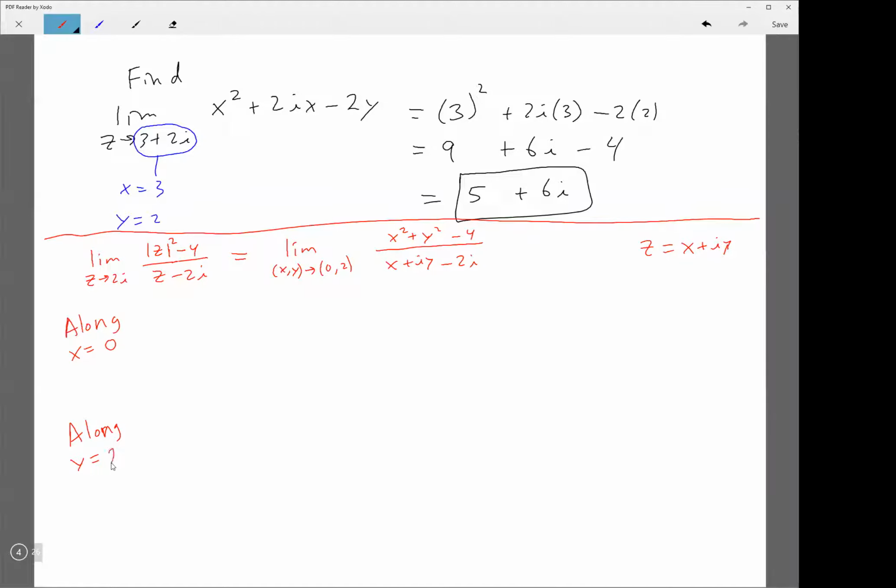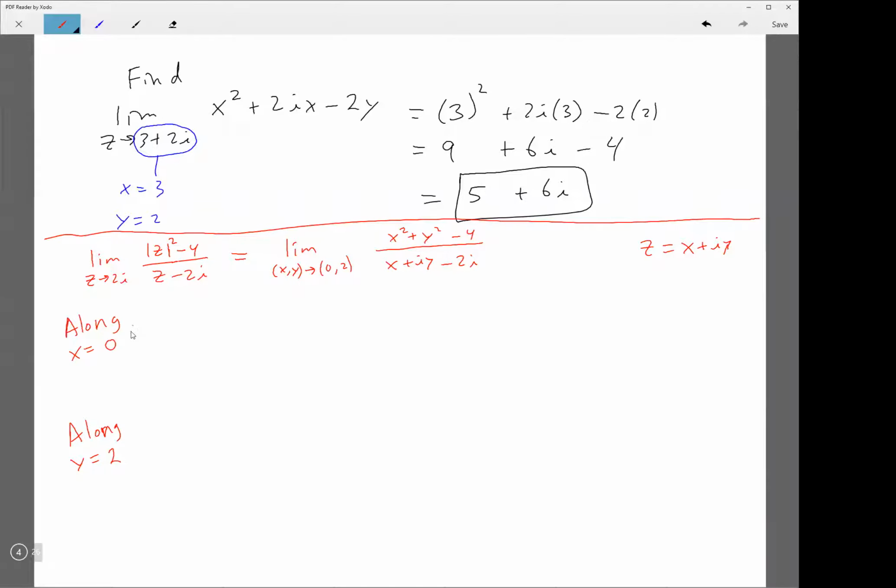So this would be along the path y equals 2. We're going to first go along x equals 0, and then along y equals 2. In this whole expression, we're just going to immediately force x to be 0.